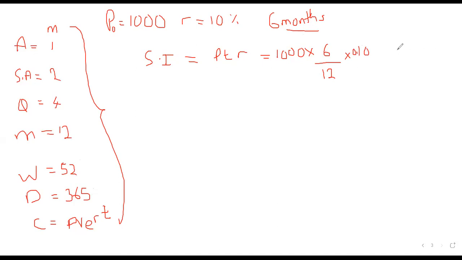If you want, you can use fractions as long as you don't make a mistake over 100. This cancels with 2 zeros there. This will cancel with 2 and there is 5. 5 times 10, 50. So the interest is what? 50 kwacha.